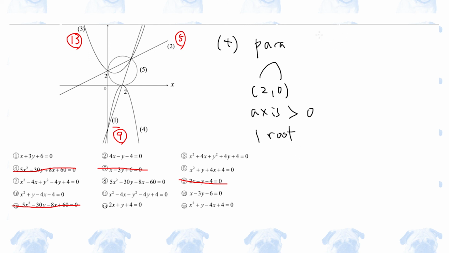So 6 is a parabola, 8 is a parabola, 10 is a parabola, and 15 is a parabola. And 6 is negative, 8 is positive, 10 is negative, and 15 is negative. And let's substitute these values. Let's start with 6.